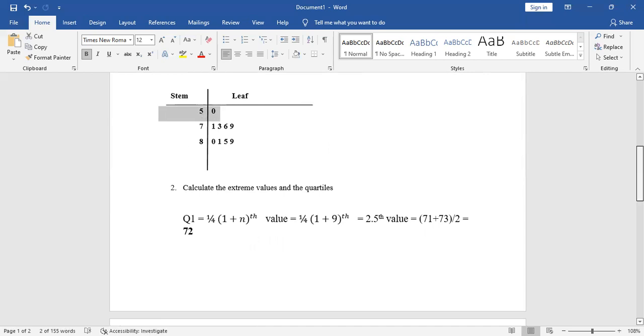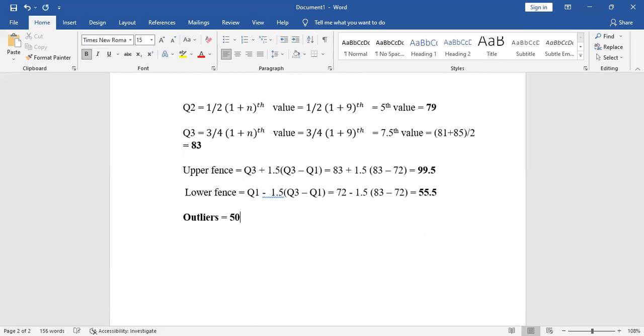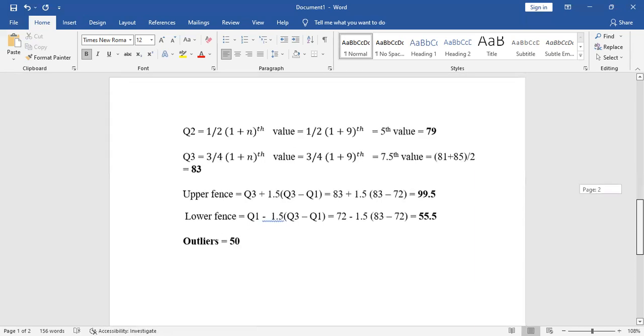So the 50 shall be called an outlier. Let's see again if there is any number above 99.5 in our data set. The highest number is 89. So the only outlier that we have is 50. There's no number which is above 99.5.